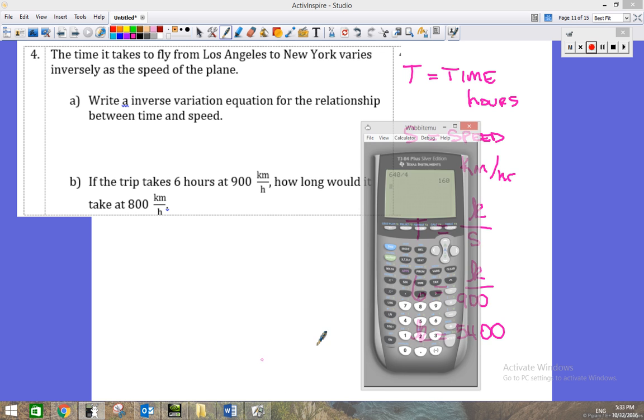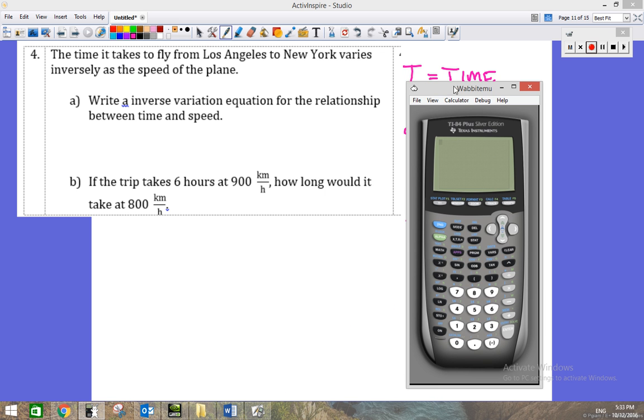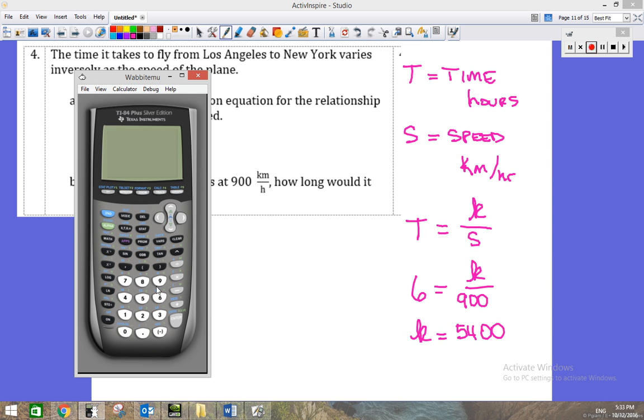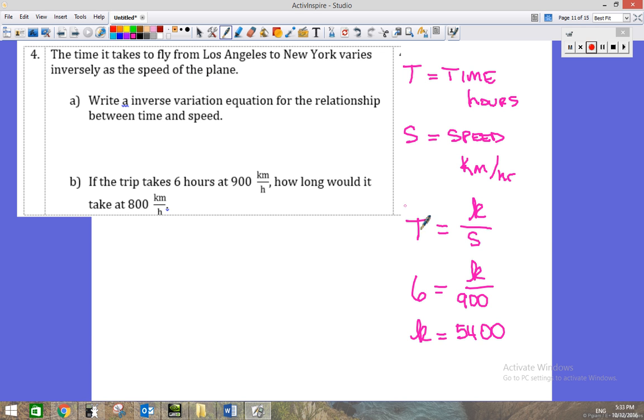Boy, I'm getting tired. So my equation then is the time is 5,400 divided by the speed. That time will be in hours and the speed needs to be in kilometers per hour.